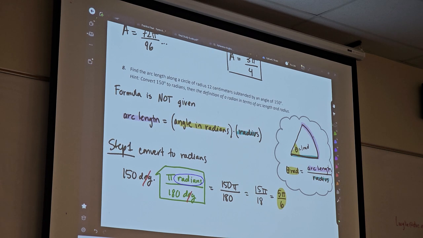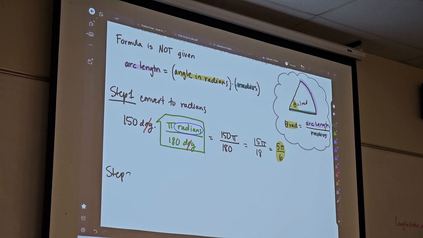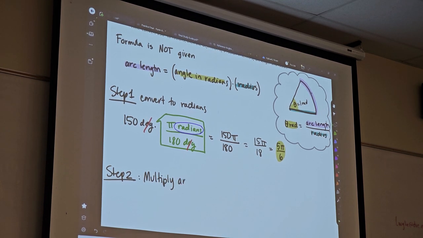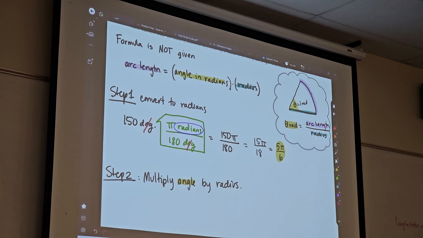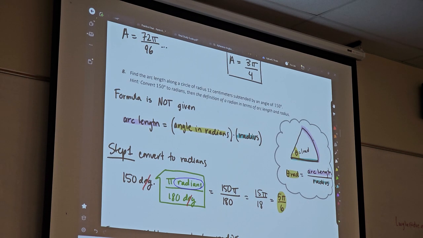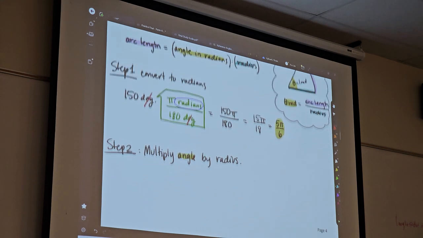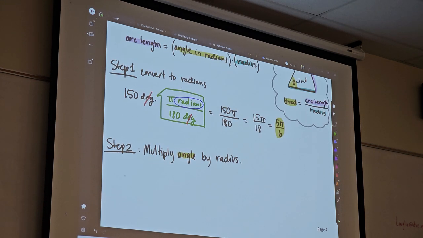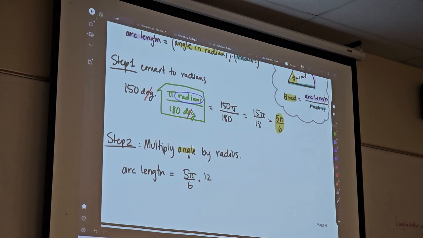Step 2, use the formula. Step 2, multiply that angle by radius, which is given to you. Angle times radius, and they said the radius is 12. And done. So your arc length is 5 pi over 6 times, what did I say? 12. 12 is 12 over 1.